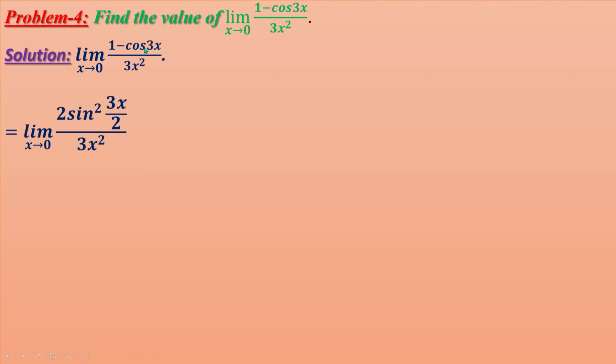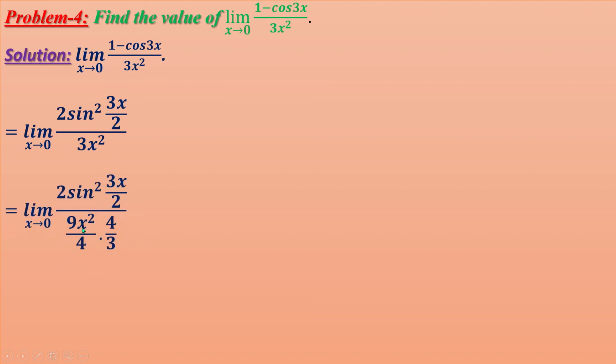As the 2 is absent here, for making 2 we have to multiply by 2 and divide by 2. As a result, 2 cancels, and we will get 3x. So 3x is equal to 2 into 3x by 2, which means 2a, where a means 3x by 2. And the denominator is the same.